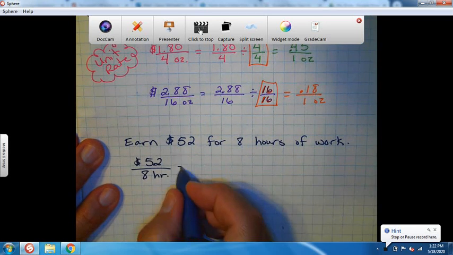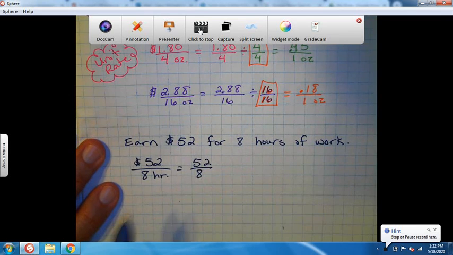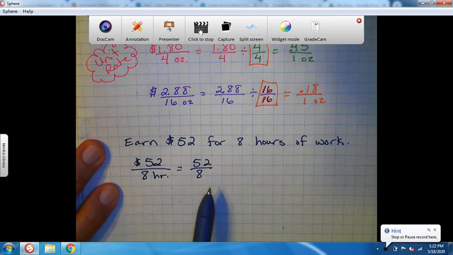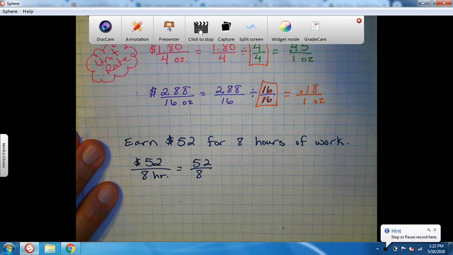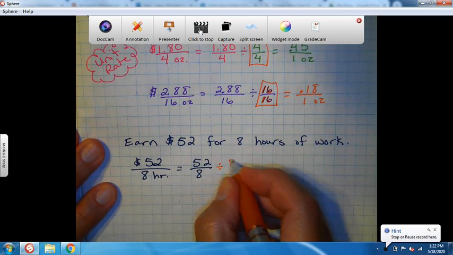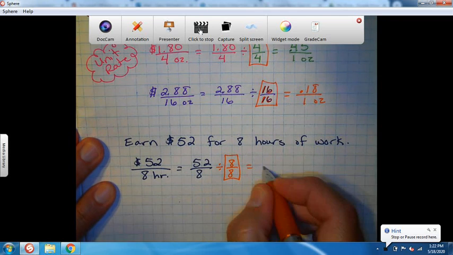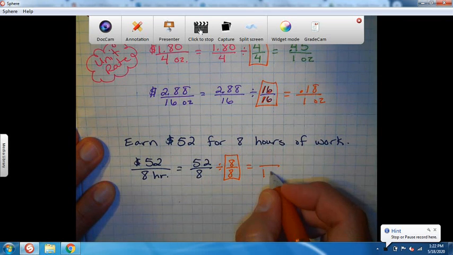Okay, so once again, let's find our giant 1. Now 8 does go into 52, but not evenly. But remember, we're trying to get this to be 1, so we have to divide by 8. The bottom number has to be 1. Okay, so we divide by 8 over 8, and this equals for 1 hour.